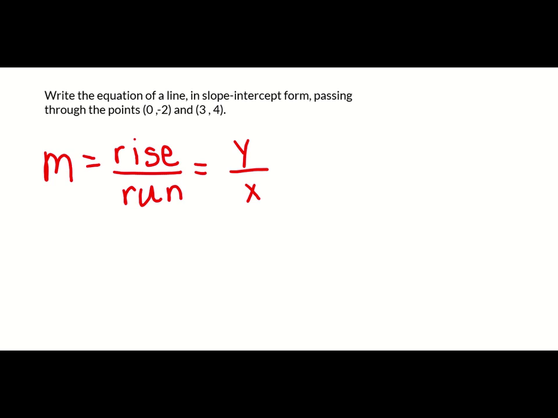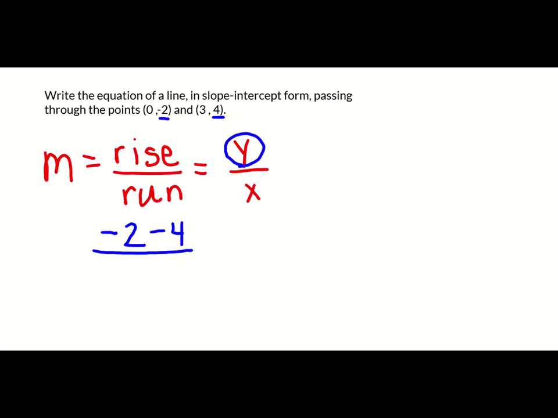So what I'm going to do is first narrow in on my y values in the 2 given points. My y value is always the second number in a point because points are written x comma y. So from left to right, I'm going to subtract the 2 numbers that I just underlined. And I'm going to say -2 minus 4.